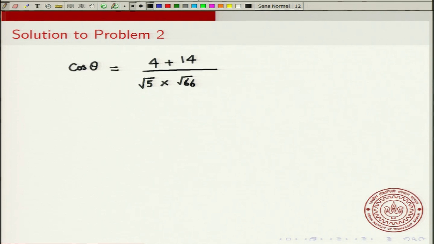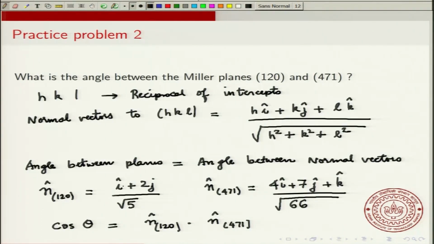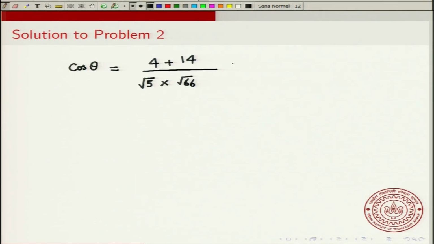Okay. That is 1 into 4, 4, plus 2 into 7, 14. So, that is the dot product, divided by square root of 5 into square root of 66. So, that is 18.